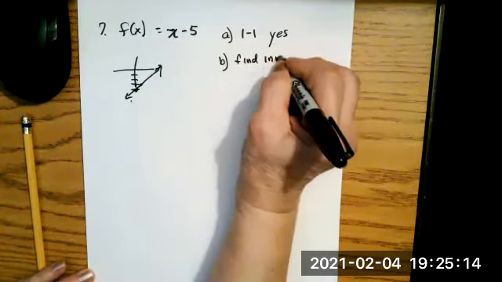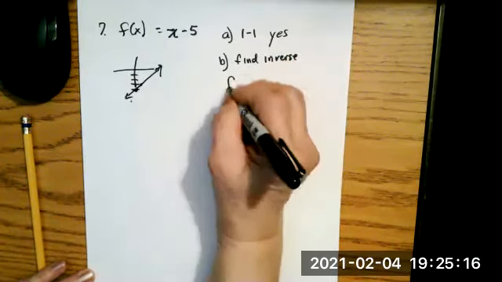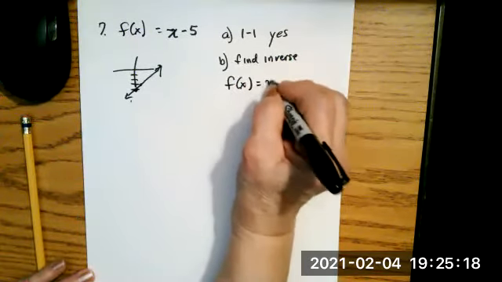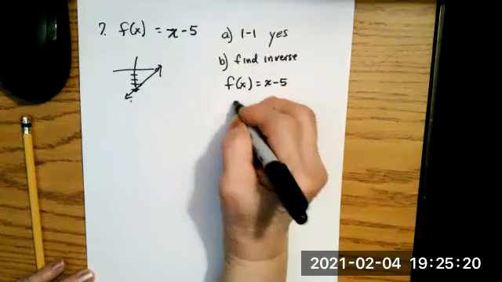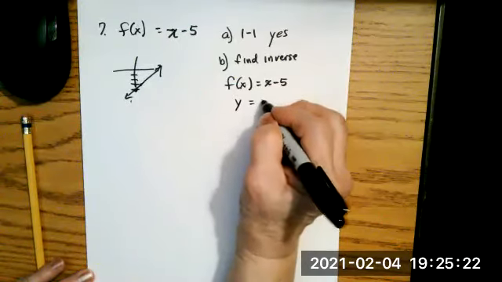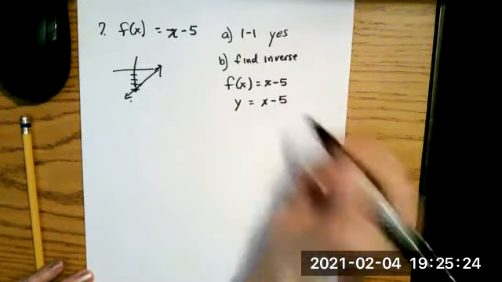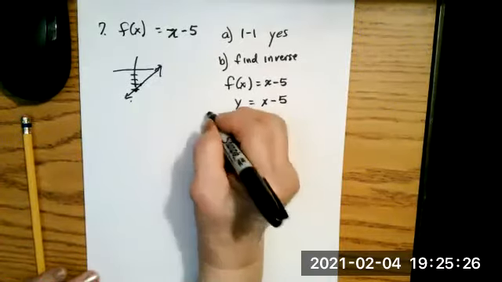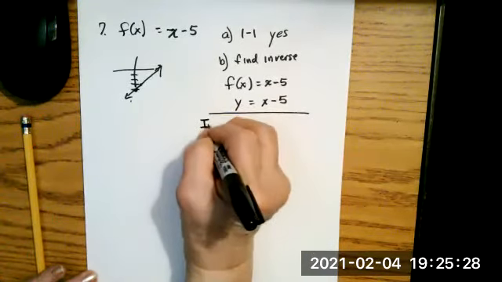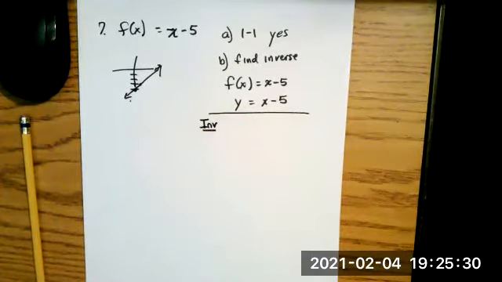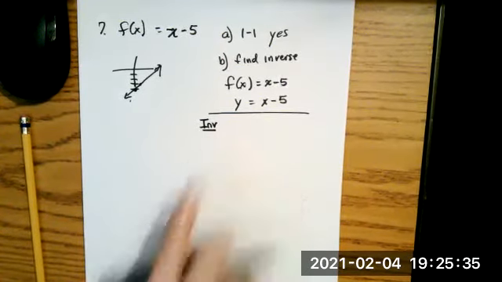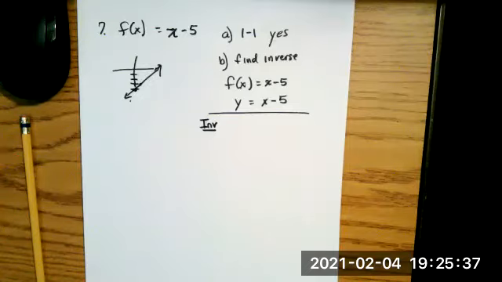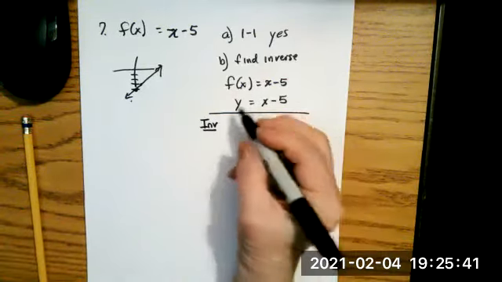Find the inverse. So let's go through the process. f of x equals x minus 5. Change your f of x to y. Now, the next step right here is where you start your inverse. I always like to put I and V out here because that helps me know that's when I'm starting my inverse process.